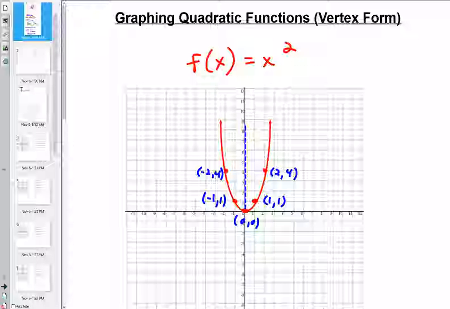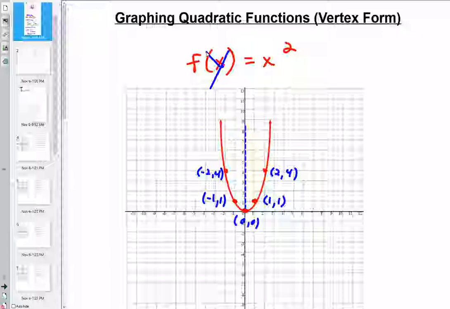Okay, but in order to transform that parabola and do these stretches and flips and slides and all that other good stuff, you have to say, okay, what does f of x mean? Y. So if all we had was a y equal to x squared, that would generate a set of points. If I plug in an x, I get a y. If I plug in a 0 for x, what's 0 squared? If I plug in a 1, what's 1 squared?